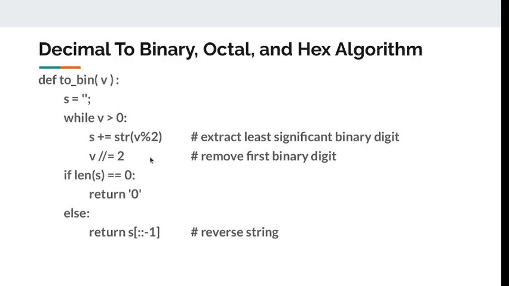So basically, to convert from decimal to binary, we can extract the least significant bit using the mod operator in a high level language, and just remove that last bit. So that's what we're doing here.